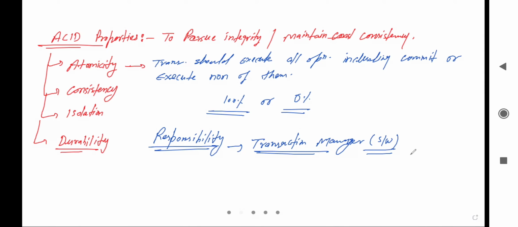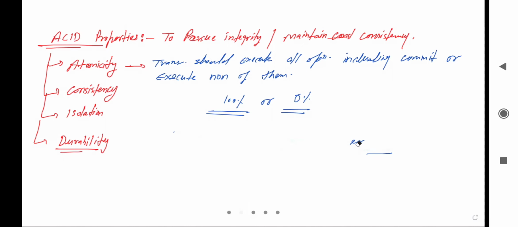So after atomicity, next one is the consistency. So consistency means correctness. So transactions should be correct, right?